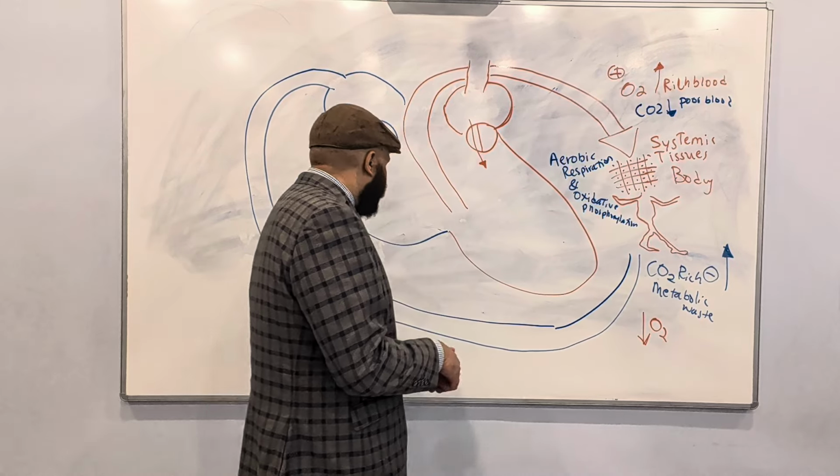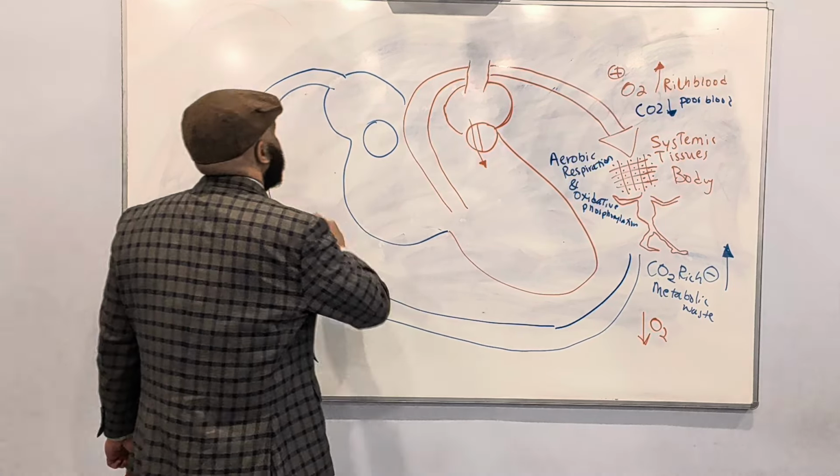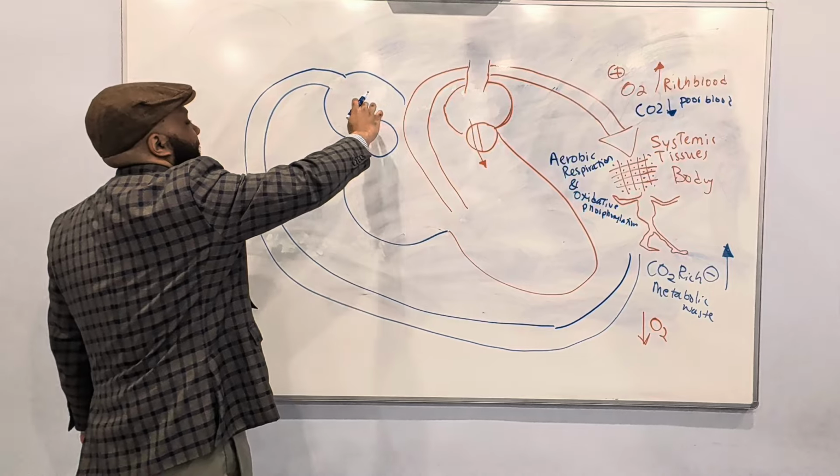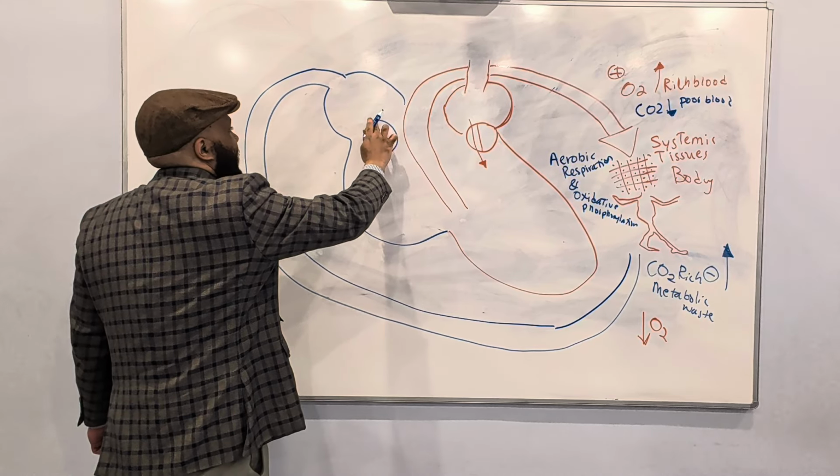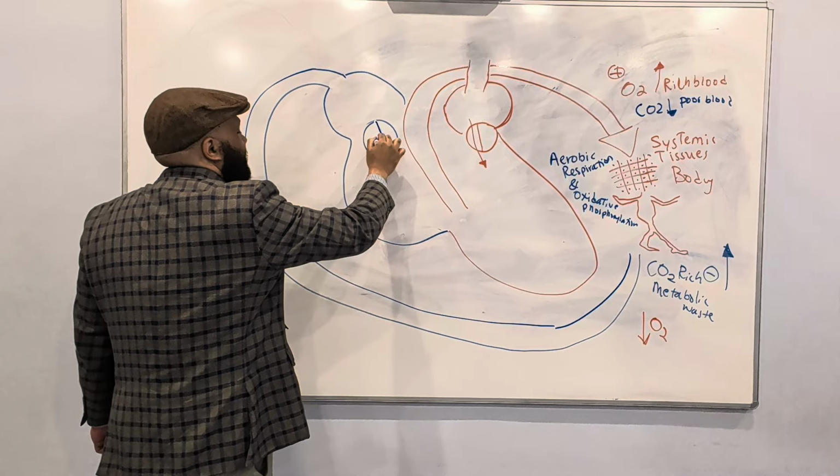So now this bad blood goes back into the vena cava and enters the right atria. The right atria has three cusps.